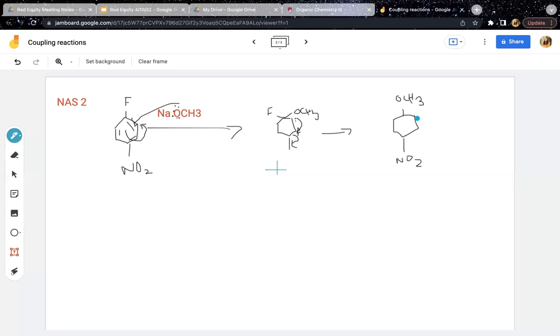And then the elimination part is also in this area when you're getting rid of the fluorine, because eventually through all this electron movement, it kicks off the fluorine. So you just end up getting this compound. So that's how those both work.